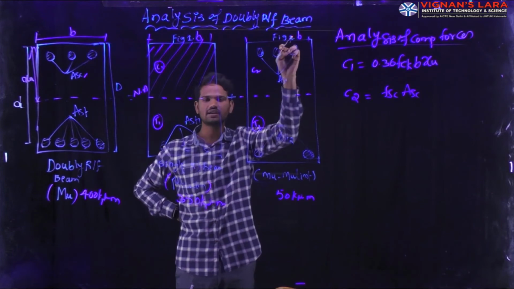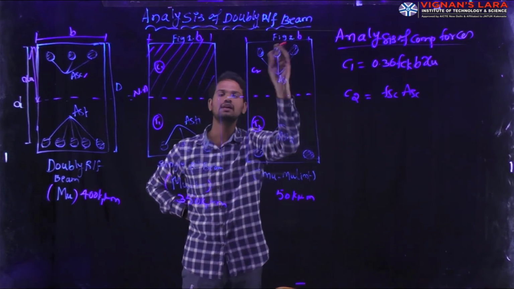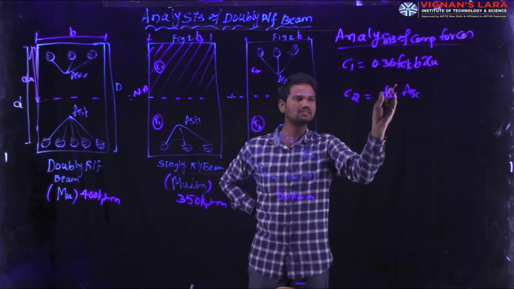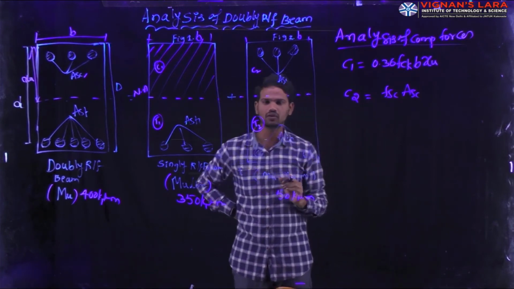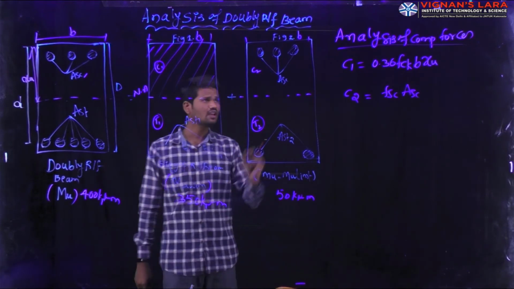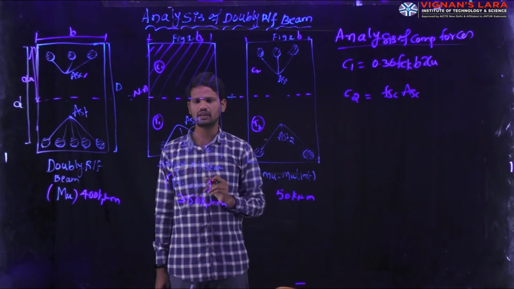Due to application of the load, some stresses may get developed in the reinforcement bars. To develop this resistance of force, how much compressive force is acting on the beam, that we have to calculate. Again, if you observe here, this is the total compressive force acting on the beam.